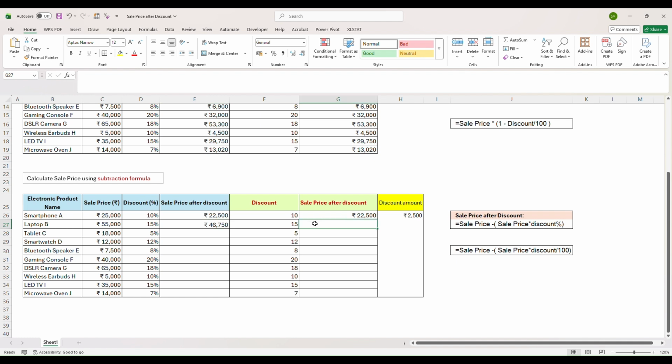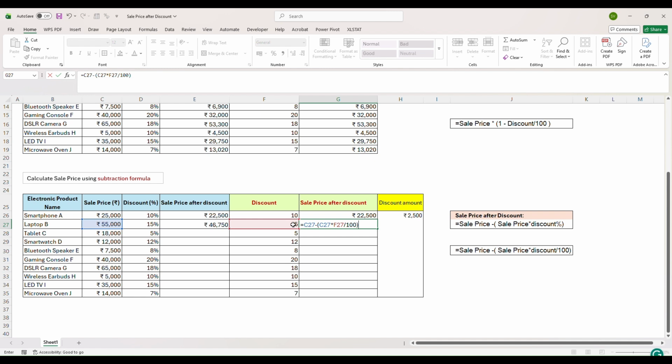Then you get the same answer. And here, since you have done the formatting, you're directly taking it. And like what we have done in the previous method, we can apply the same formula: sale price minus, let's take the reference cell, minus, then again take the sale price within the brackets, and multiply it with discount value divided by 100.